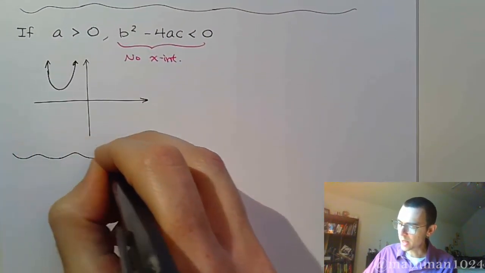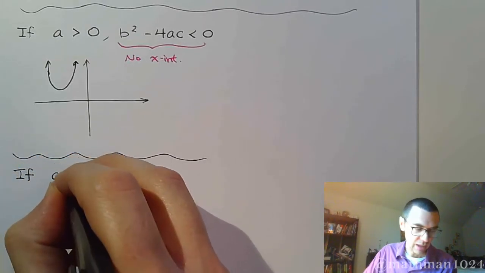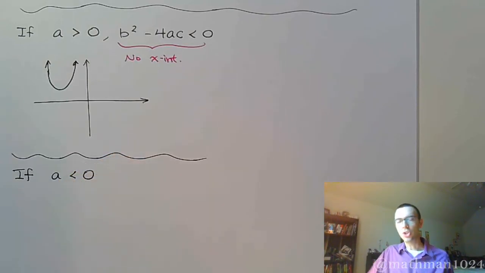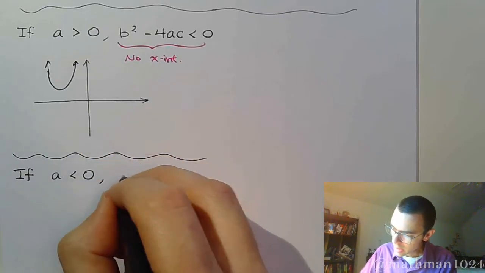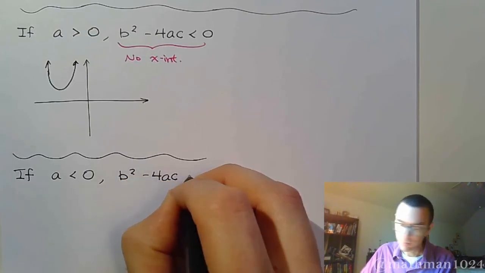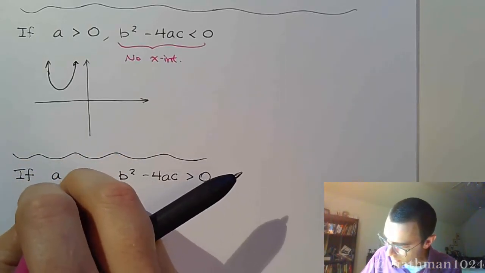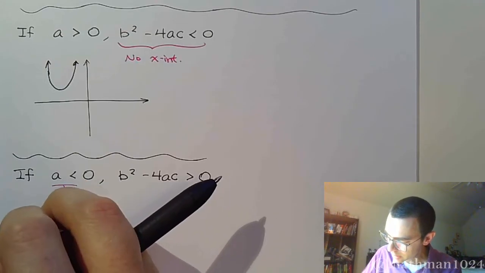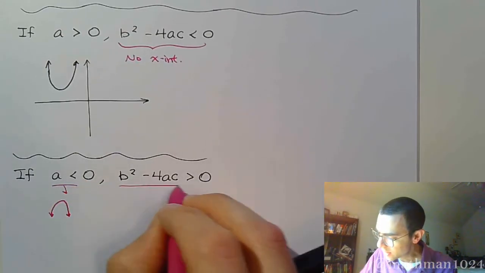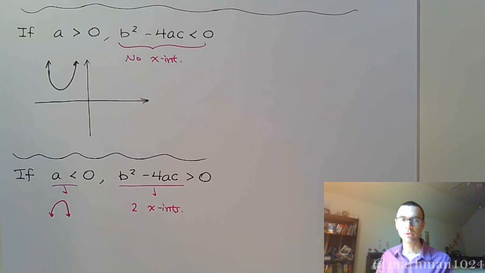Here is the other example that we have in the notes. If I say that A is less than 0, which right now you should know, if that lead coefficient is negative, you have an upside down parabola, a parabola that opens down. And let's say that the discriminant, b squared minus 4ac, is greater than 0. So this means we're opening upside down, and this means that we have 2 x-intercepts.